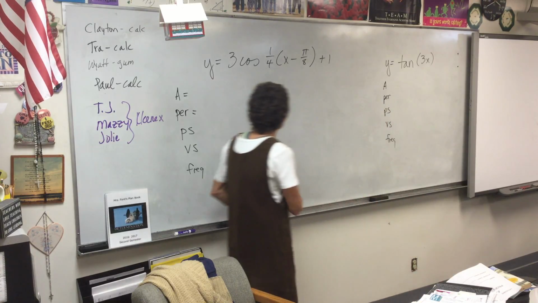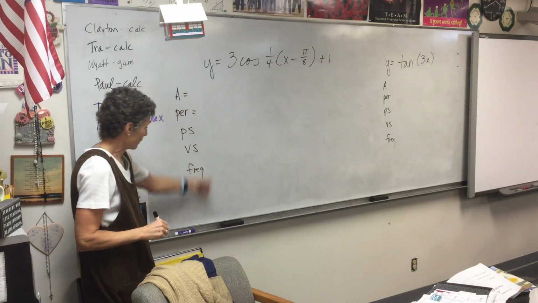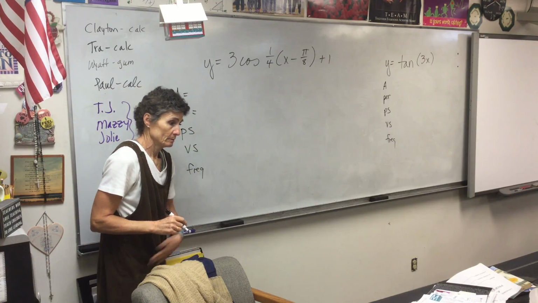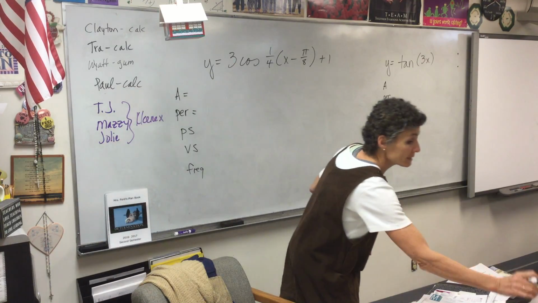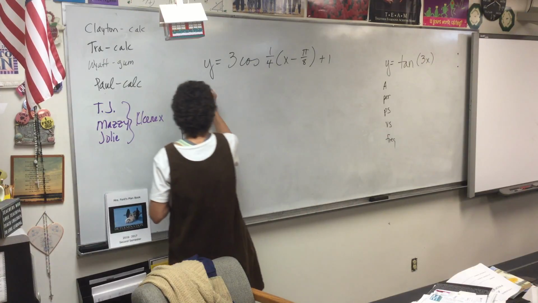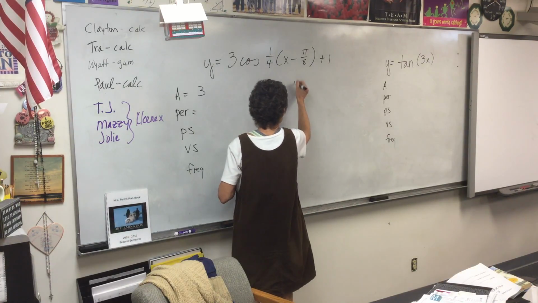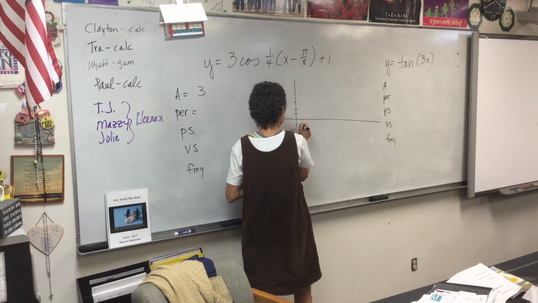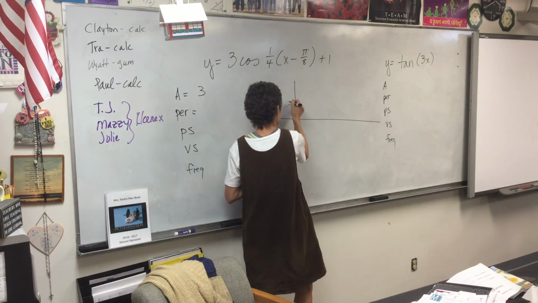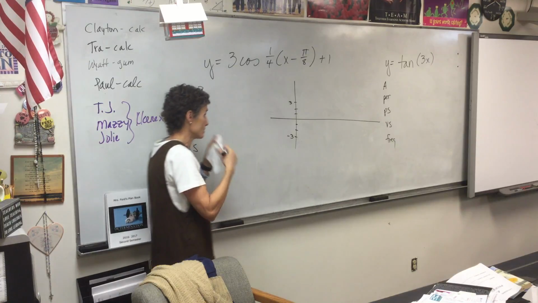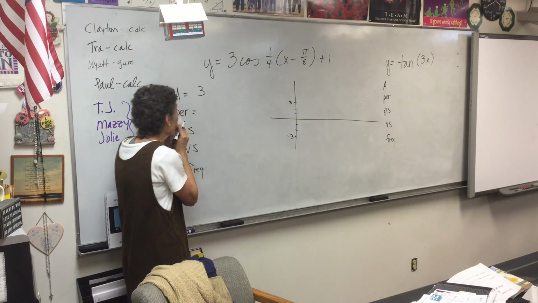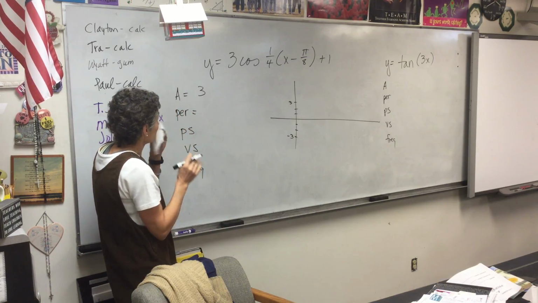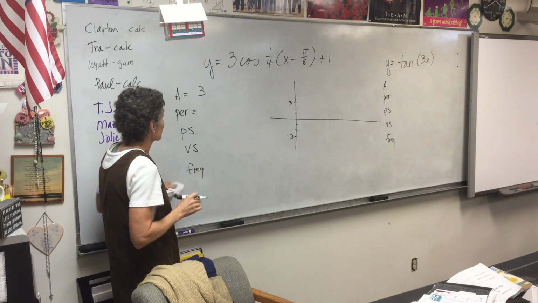Okay, let's start here with our cosine. What can we fill in? We know the amplitude is 3. What that means is, when I get ready to sketch this, I'm going to go up 3 and down 3. It's been vertically stretched. What else can you tell me? The period is 8 pi.